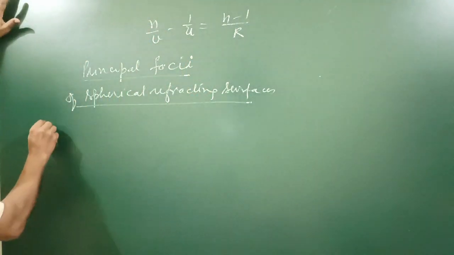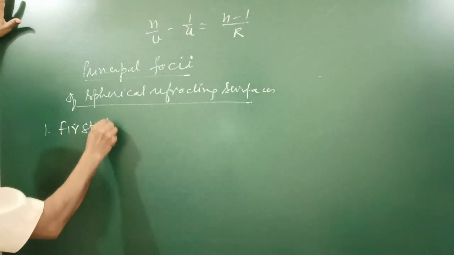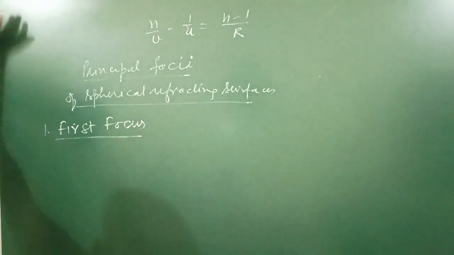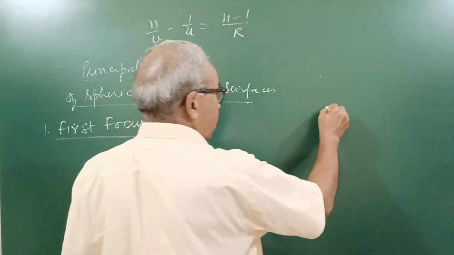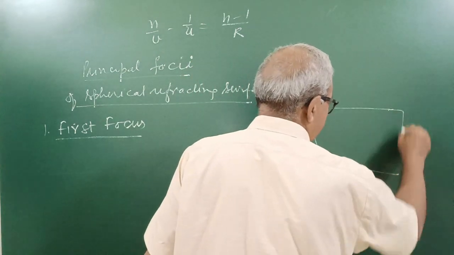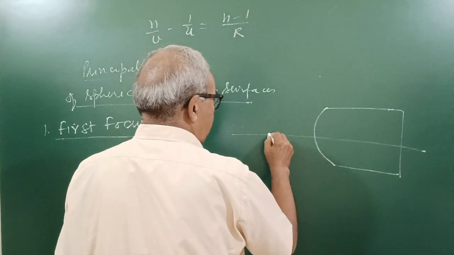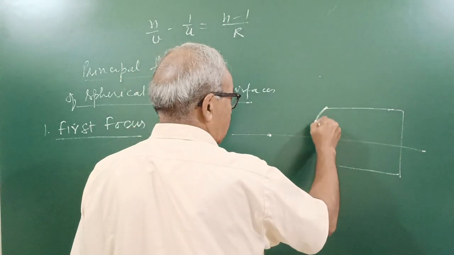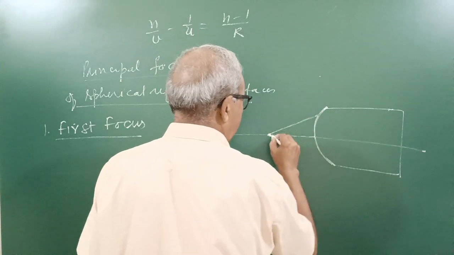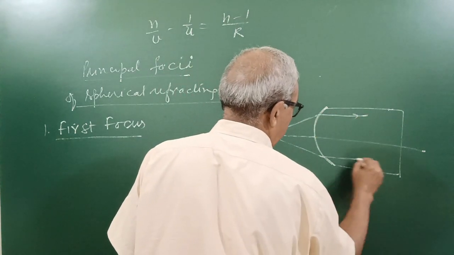So there are two foci. Number one, first focus. What is that? Here, suppose it is a convex refracting surface, and there is a point on the principal axis from which a diverging beam after refraction becomes parallel to it.